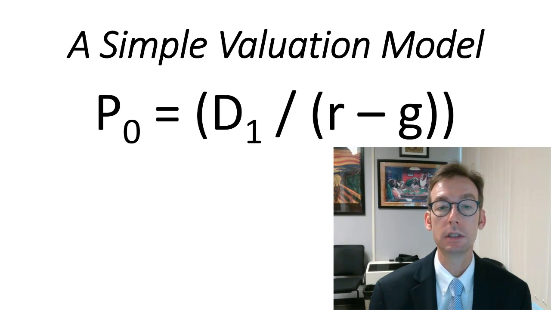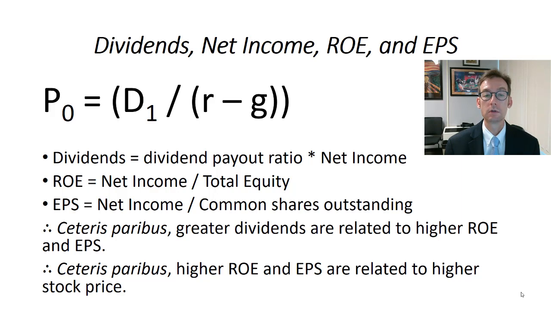So let's see what different changes in dividends, required return, and growth mean to share price. First of all, let's discuss the relationship between dividends, net income, ROE, and EPS. Please recall that dividends are simply the dividend payout ratio multiplied by net income. If you're unfamiliar with dividend payout ratio, it's merely the proportion of net income that the firm is paying out as a dividend.